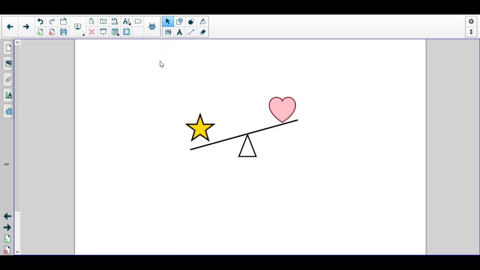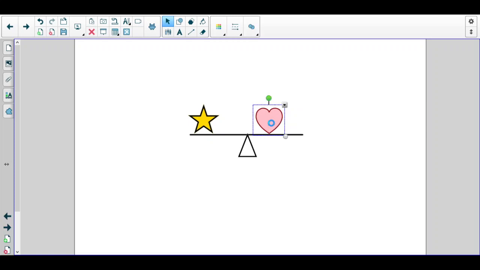Let's say that it gets even. We'll even this thing out whenever we add another heart. So now this balance is even, and we could say that one star is equal to the weight of two hearts.